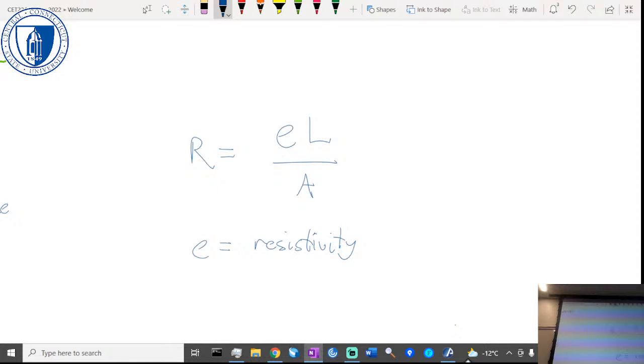So I find when I learn a new subject area, understanding the variables, the V, I, R, understanding the material. Okay.